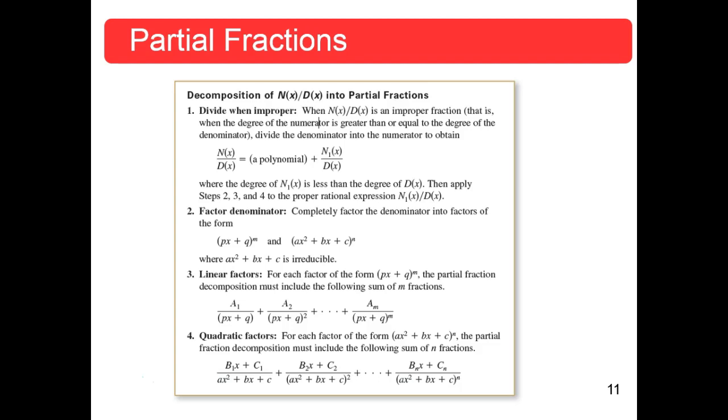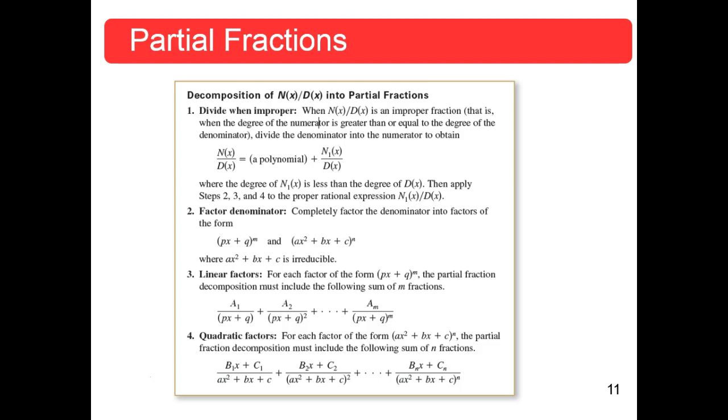If the degree of the numerator is greater than the degree of the denominator, divide. Okay? Divide the denominator into it, and then you'll get a polynomial here. If this had an x to the 7th in it, and that only had x to the 4th, then you're going to have a third degree polynomial here, and then you're going to have a new numerator, which is going to have to be less than the degree of the denominator.